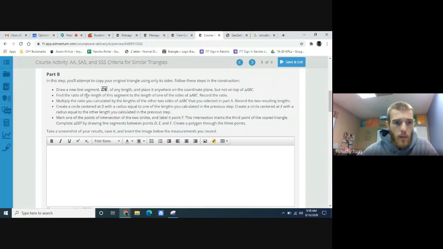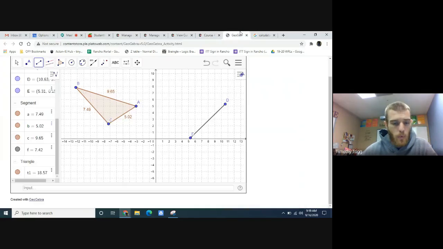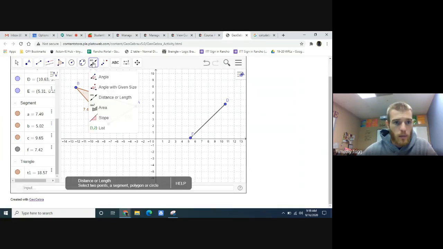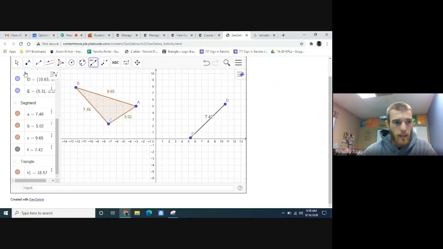Okay. Find the ratio of the length of this segment to the length of one of the sides of triangle ABC. Record the ratio. Okay, here's where we might need the calculator again. So go back up to the tools, go to this tool right here. We want distance or length, and click that side length. So in this case, this length is 7.42, this length is 5.02.